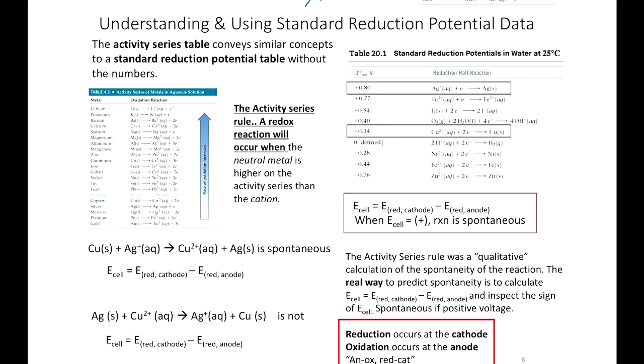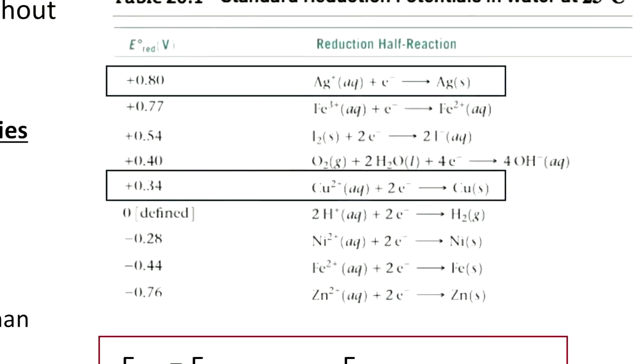standard reduction potentials. So in your textbook, you have lots of tables with half reactions written on them that describe the reduction half reaction's potential. What that means is that these half reactions are written in the reduction form, meaning the substance is gaining an electron, and it's showing you the electrical potential created for this process to occur.